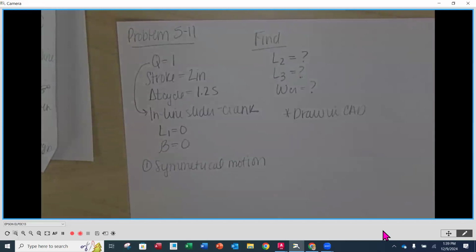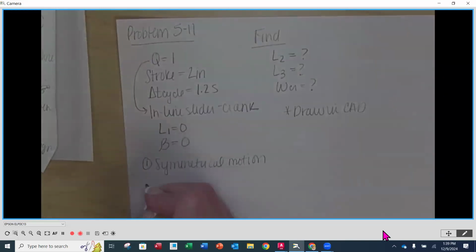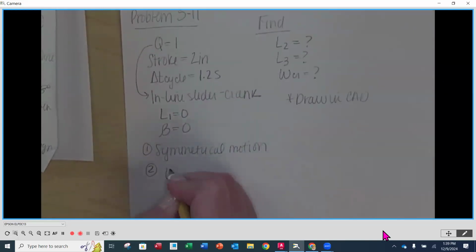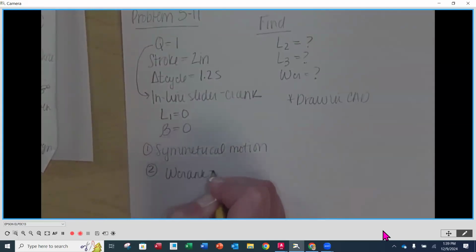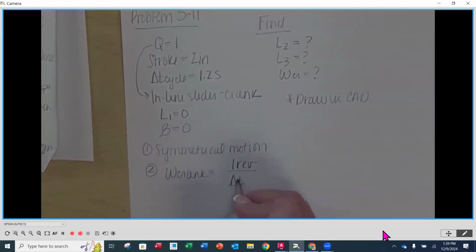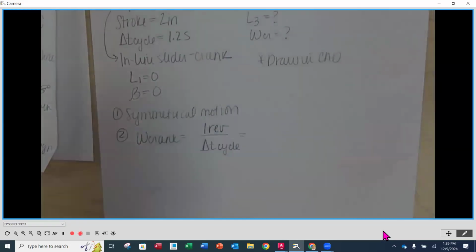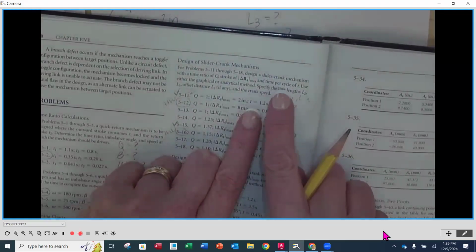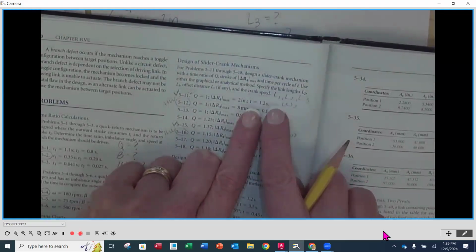Now, even though W of the crank is listed last, we have what we need to calculate that. So let's go ahead and calculate that because I tend to forget it otherwise. So number 2, our W of our crank is going to be equal to 1 revolution divided by our total time of one cycle. Now, in the problem here, they did not use delta T, but on the top here, it says that this is the time per cycle T. So that's delta T cycle.